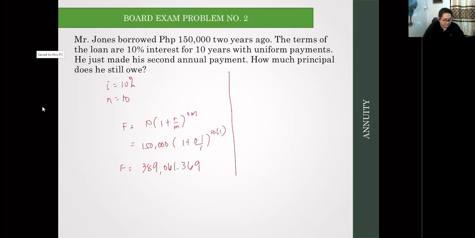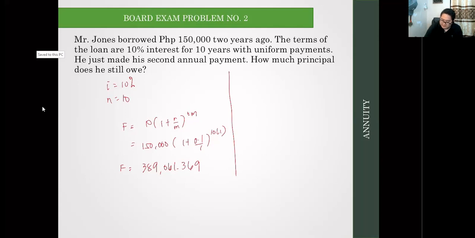So, ngayon, magkano yung dalawang hulog na yun? Ano yung equivalent ng dalawang hulog na yun? Yun yung kailangan i-minus natin dito sa future value na to. Okay? So, kailangan kunin muna natin yung amortization value natin.